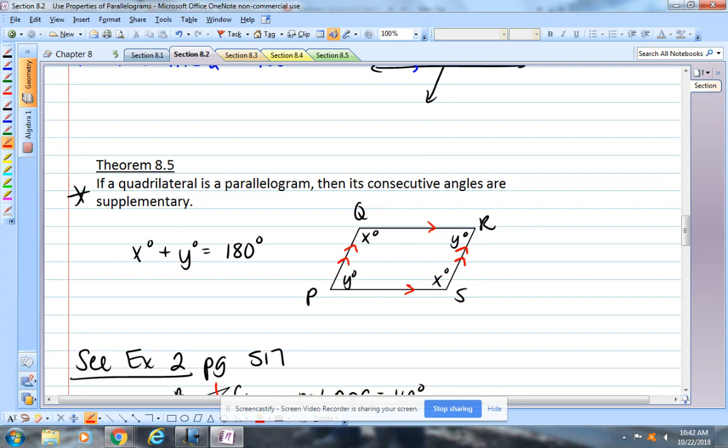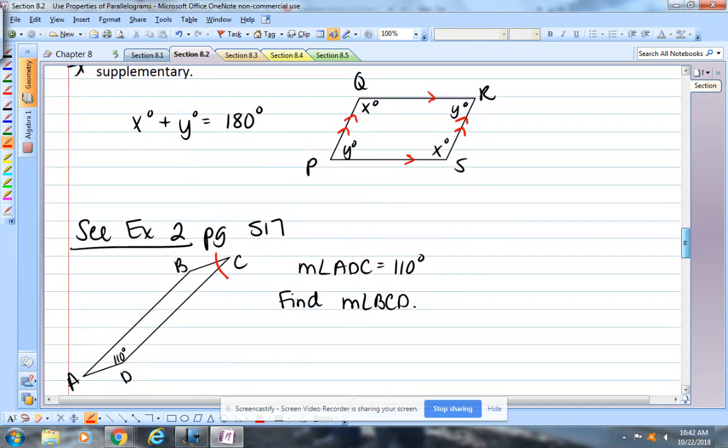Okay? So if they're opposites, they're congruent. If they're consecutive, they make 180. Pretty simple. So you don't even have to write this down. We can do this pretty much in our heads.